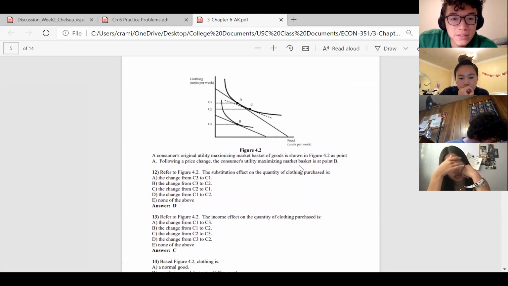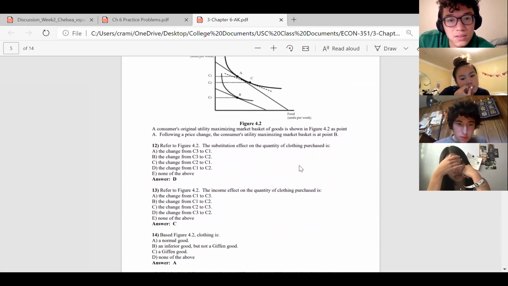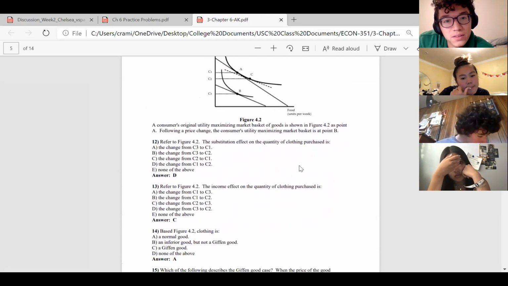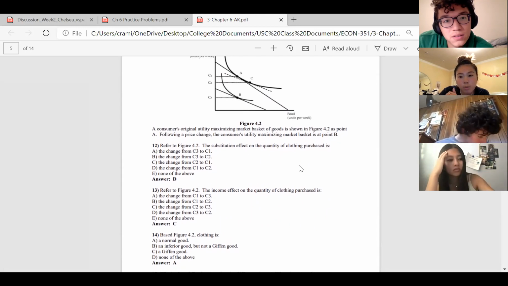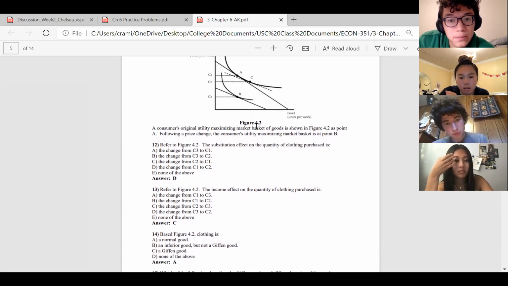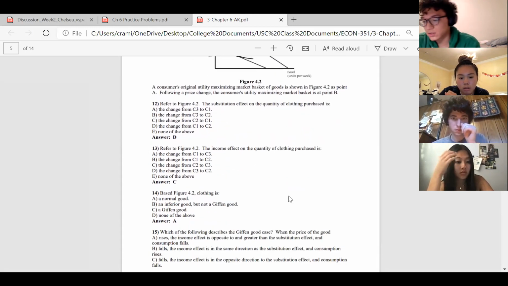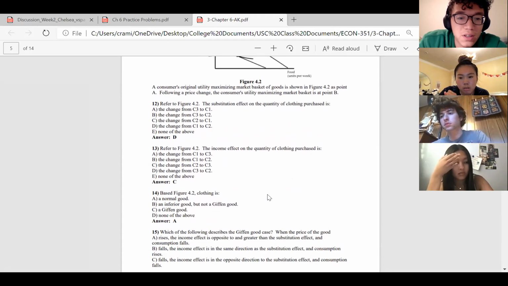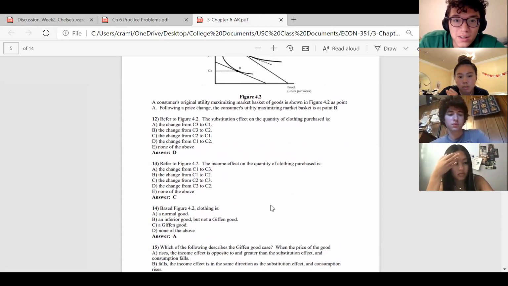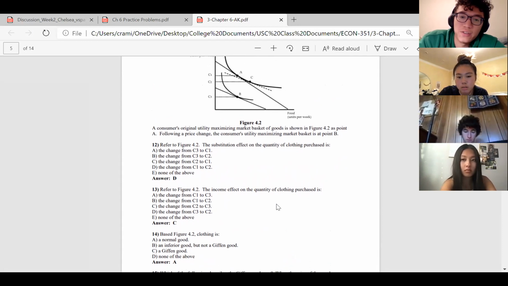I'm just re-looking at it. So it went from basket A to basket B, right? Yeah. And then how is that a normal good? Because I did this problem earlier, so I already had the answer to this one.